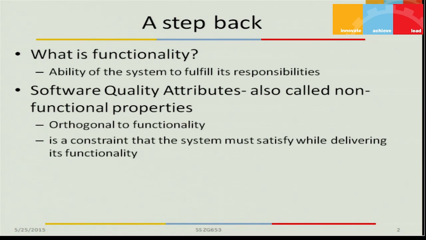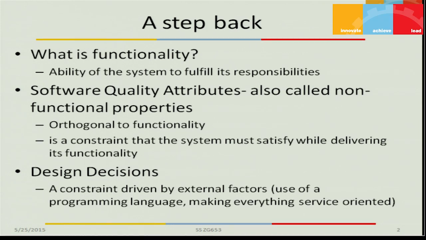Functionality is not about how many it can process. The functionality is about processing a record. And the non-functional attribute is that it must be able to complete 5,000 records at least per second. So in a sense, software quality attribute becomes a constraint that the system must satisfy while delivering its functionality.